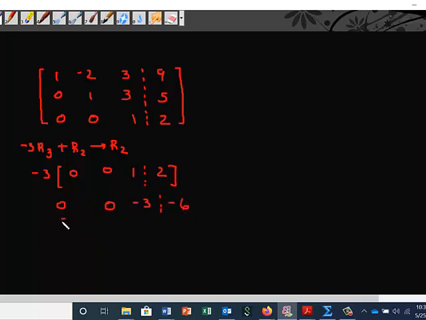So this will be 0, 1, 3, and then 5. So this will be 0, 1, 0, -1. So we have a -1 for there. So write this matrix again.